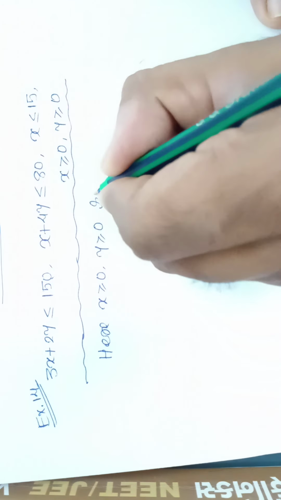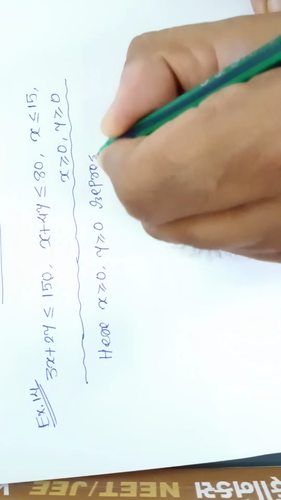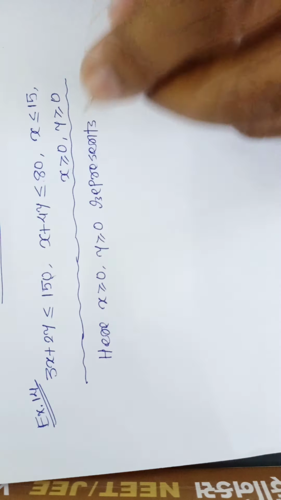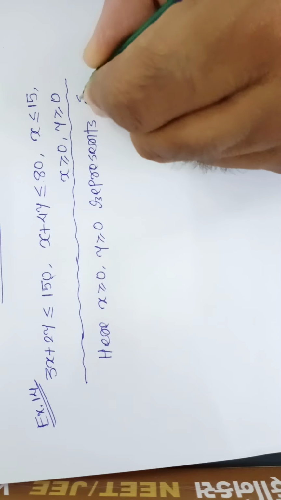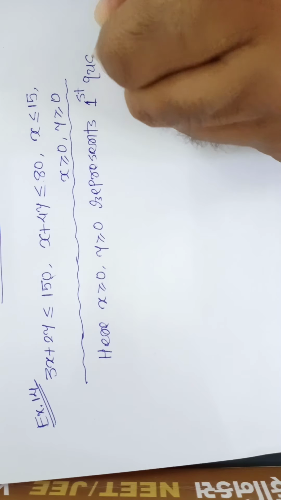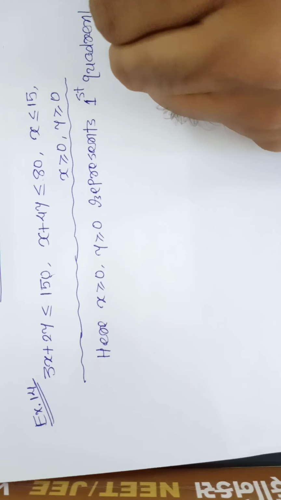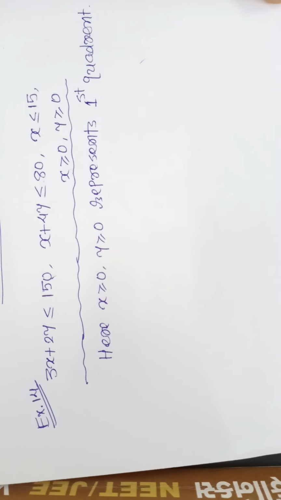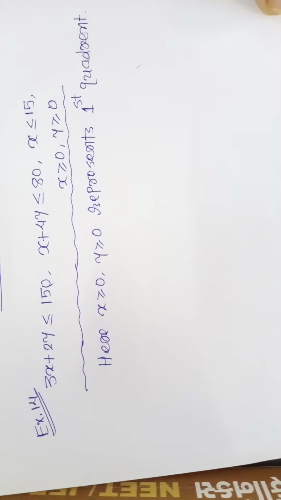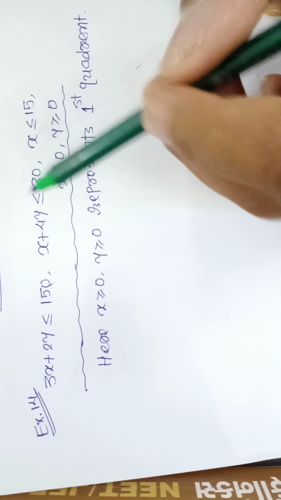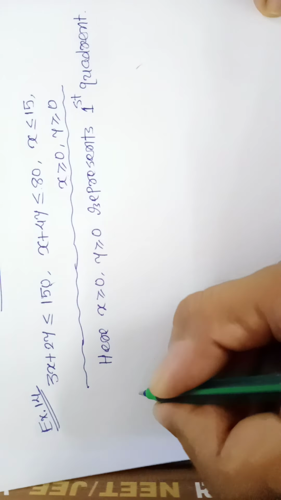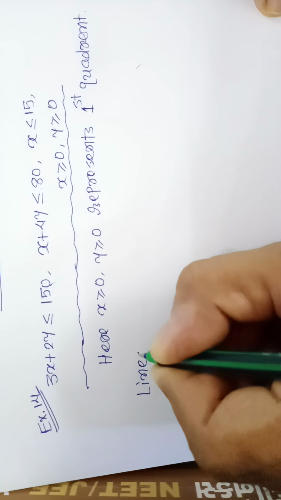These both represent the first quadrant. We know very well that. So it is very obvious that our solution region lies in the first quadrant. Now there are three different lines. I write all the lines.